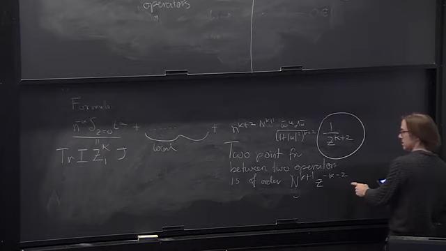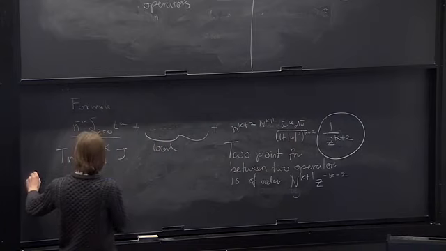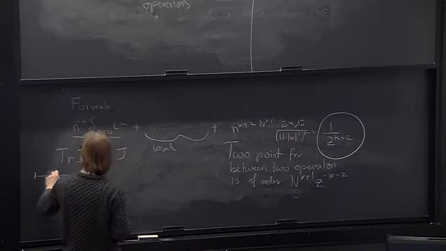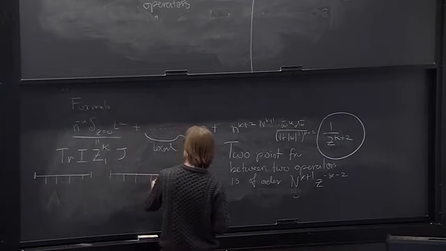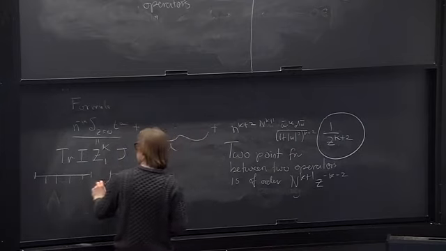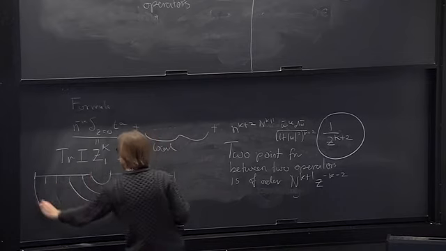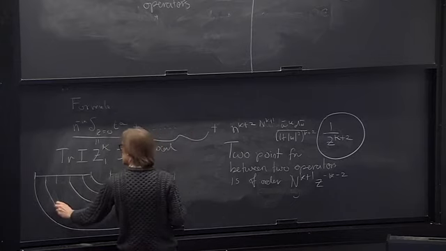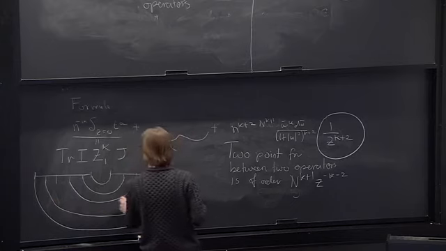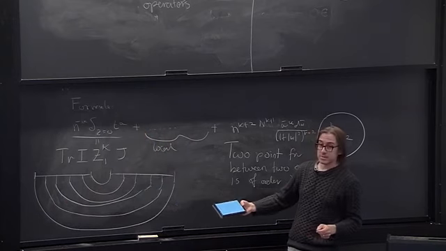And this is correct. If I look at the 2-point function in this description, I get it by contracting things. Like, how many powers of z are there?